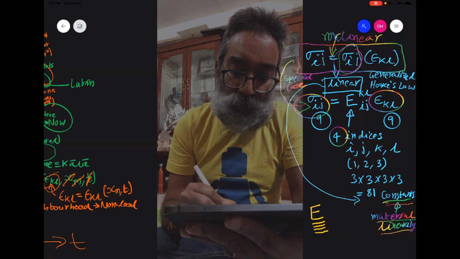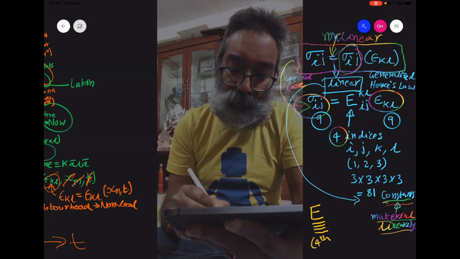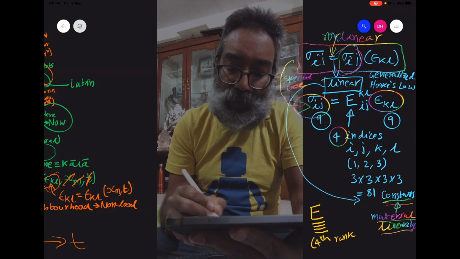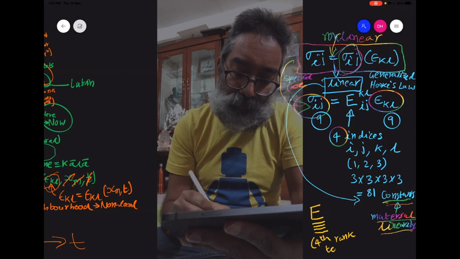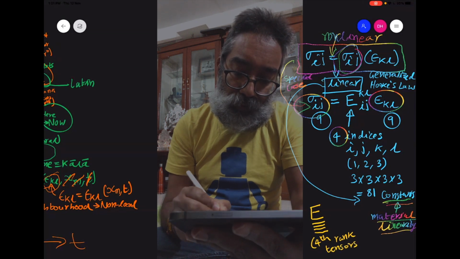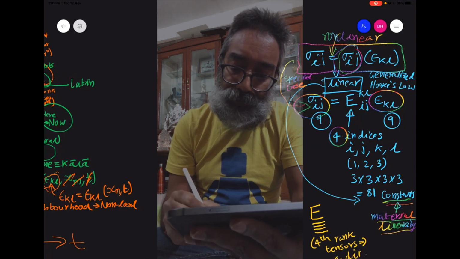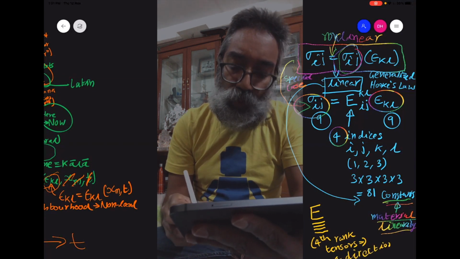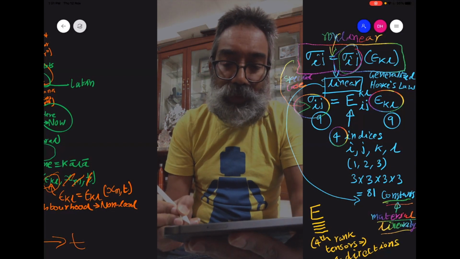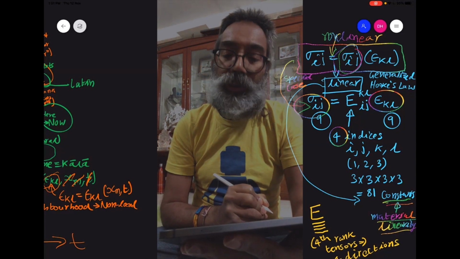So it's a 4th rank tensor with 4 underlines. Four directions are important over here, 2 of which are associated with the stress and 2 of which are associated with the strain.